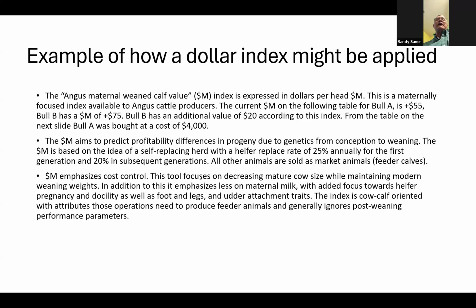It's gonna look at docility, a cow that's more calm, as well as feet and legs and udder attachments, because we're looking at females, right? We're wanting to produce replacement females here. It's oriented with those attributes. And it's not worried about post-weaning, so it's not going to look at marbling or cutability. It doesn't care what happens at the feedlot or at the slaughter plant.